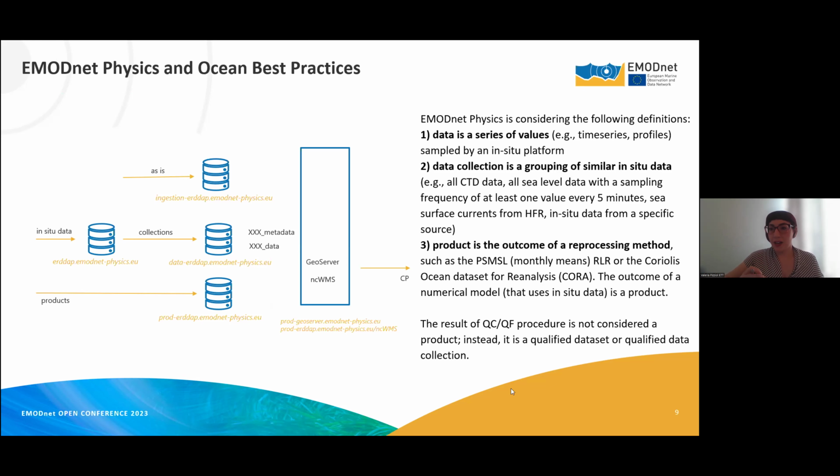So in the EMODnet network, these three kinds of layers can be found. The results of the quality control procedure are not considered a product, but, as I said before, just a qualified data set or a qualified data collection.